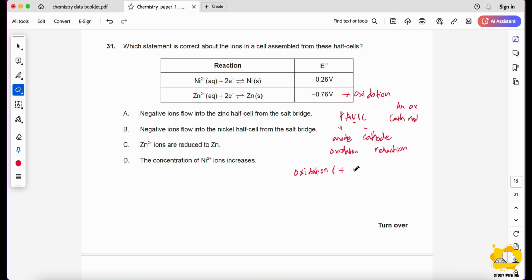Zinc is more negative in terms of E cell. Thus, the negative ion will flow to Zn as it is the positive electrode. That's why the answer will be A.